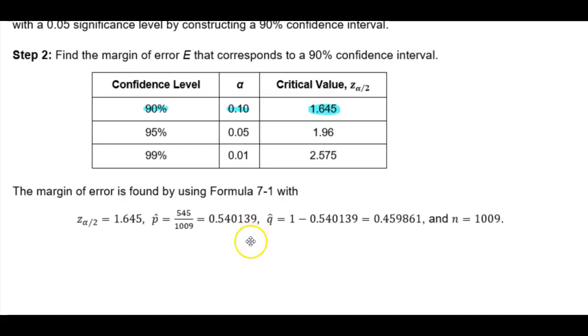We know that the point estimate, written as a decimal, is 0.540139, and its complement is 1 minus 0.540139, which gives us 0.459861, and the sample size is 1009.